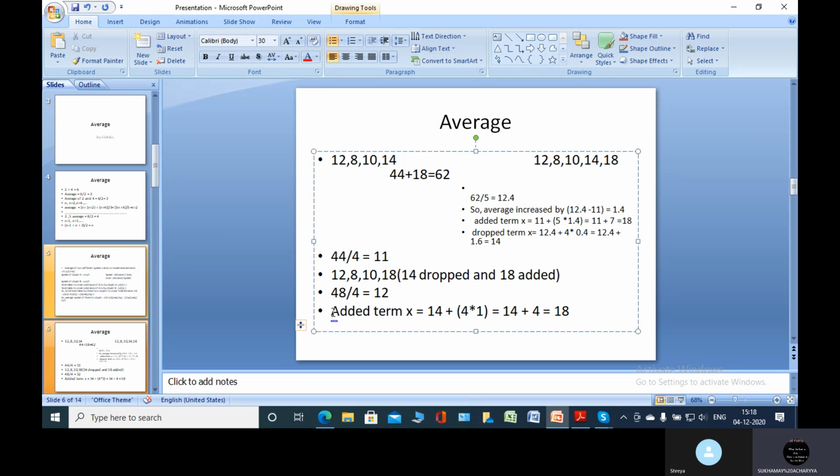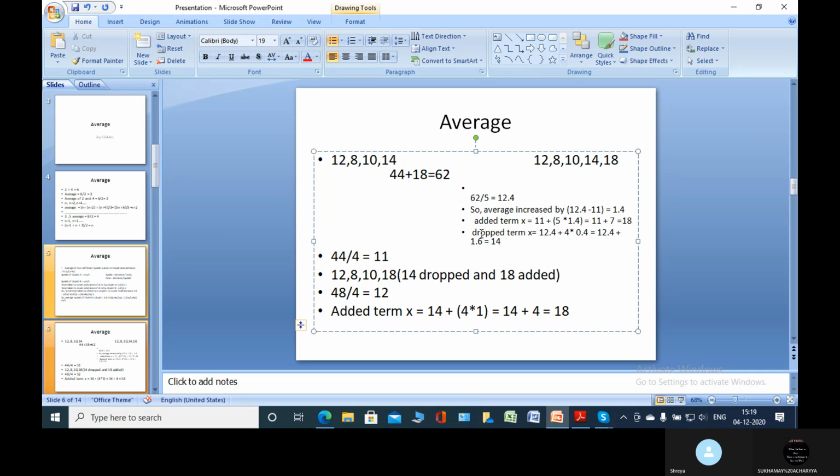So the added term x is equal to the earlier average, plus the drop term... that is 14 into 4 into 1, that is 4. So 14 plus 4 is equal to 18.